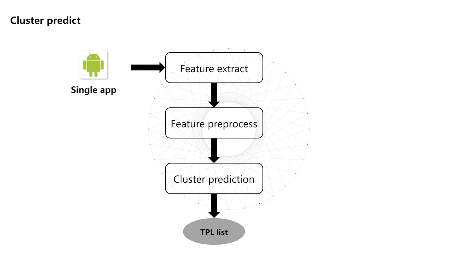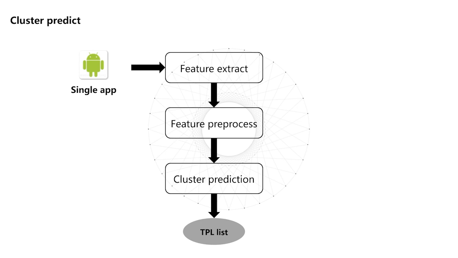The next is the cluster predictor. After feature clustering, we can get lots of potential third-party libraries in our cluster model. To detect TPLs in a single app, we first extract its features and normalize the feature vector in the same way as in the section before.